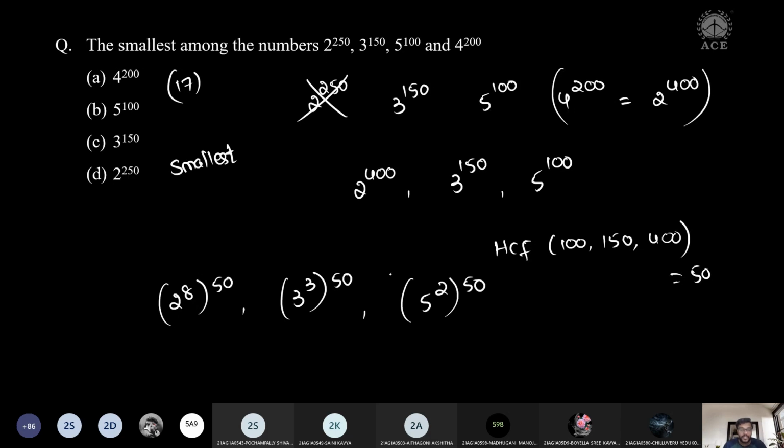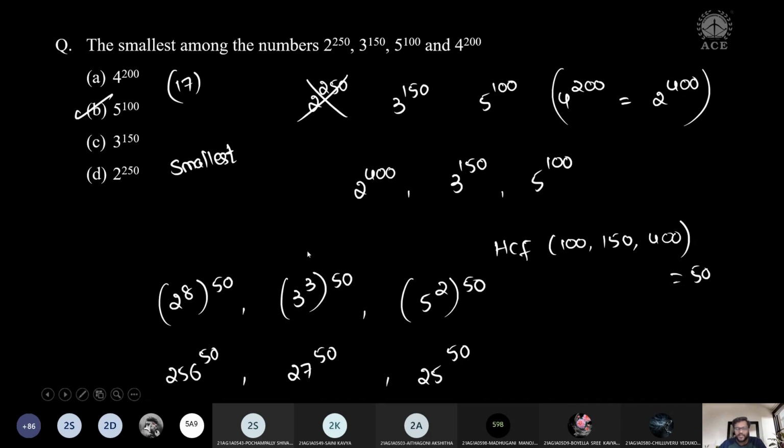This is 2 power 8 is 256. Here 27. Here 25. Yeah. Smallest one is nothing but 5 power 100, my dear friends, right?